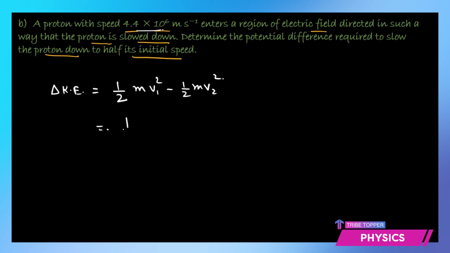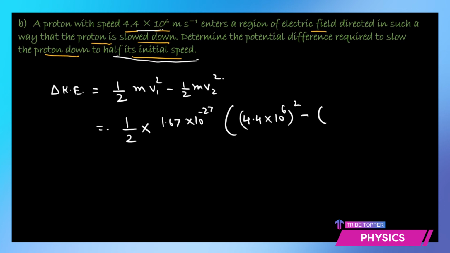So half times m, 1.67 times 10 to the power negative 27, common outside, times v1 squared, which is 4.4 times 10 to the power 6 squared, minus, when the speed is reduced to half its initial speed, the final speed v2 is going to be 2.2 times 10 to the power 6 squared. So solving this, we get the change in kinetic energy is 1.2 times 10 to the power minus 16 joules.